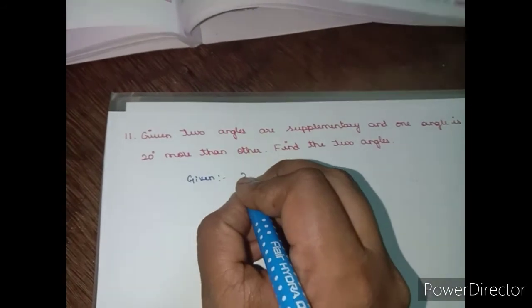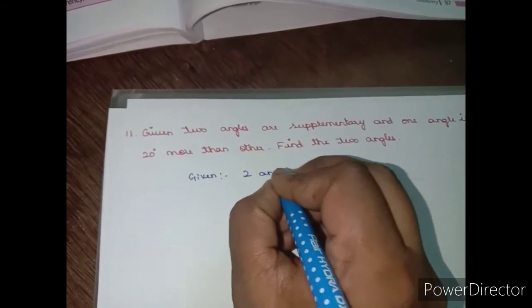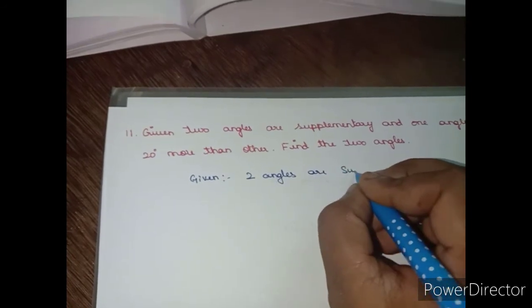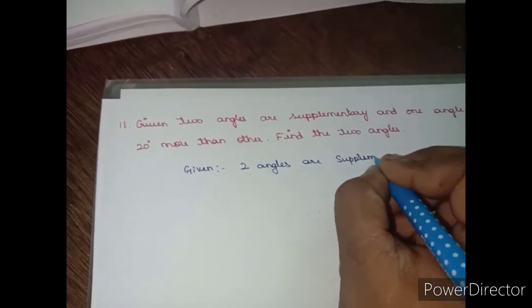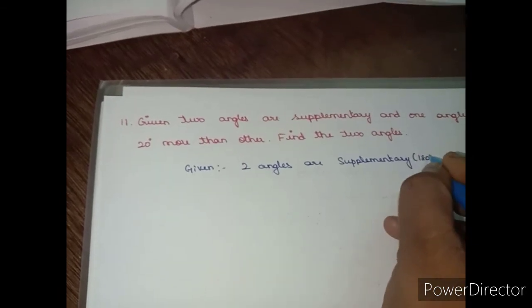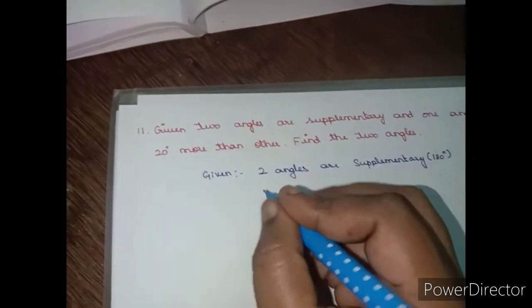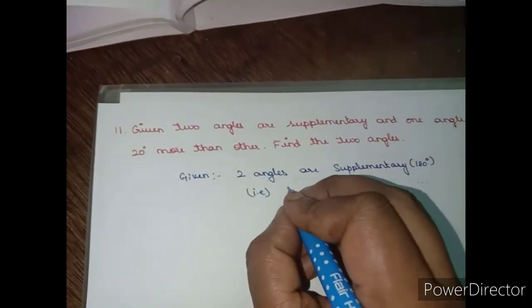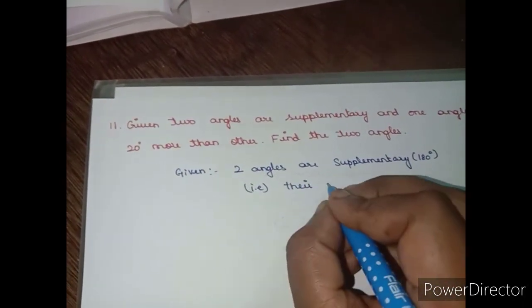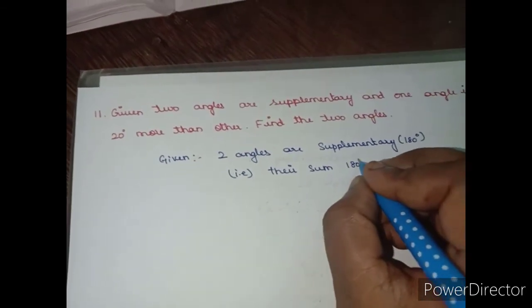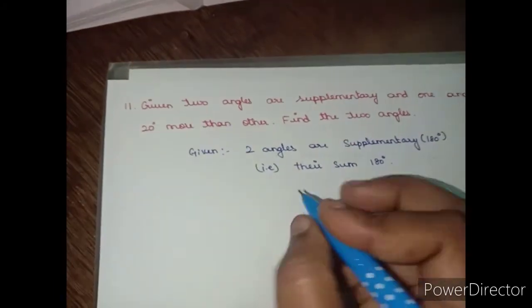So what is given? 2 angles are supplementary, which is 180 degree. Next, that is their sum. What is meant by their sum? The total of 2 angles will be 180 degree.